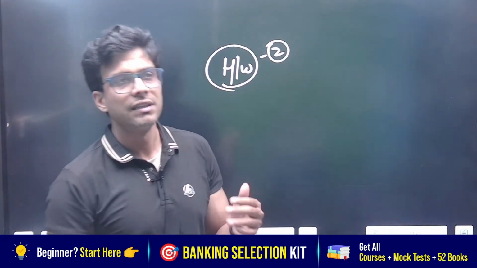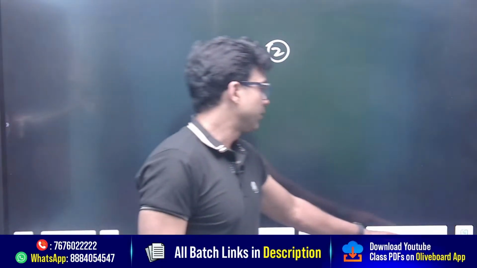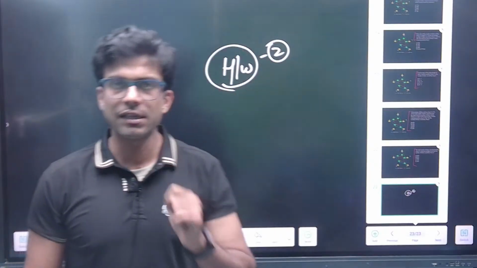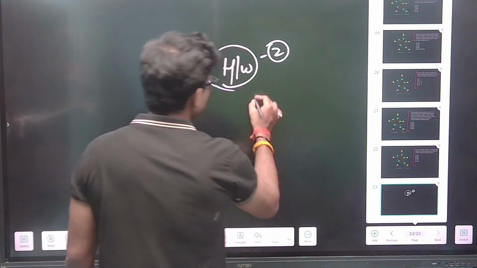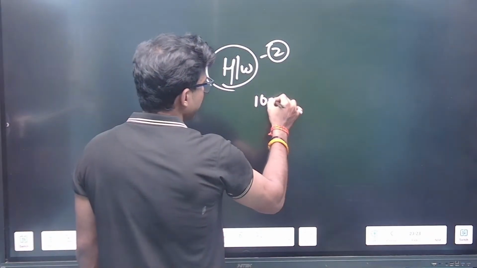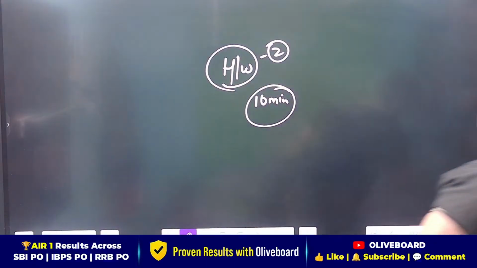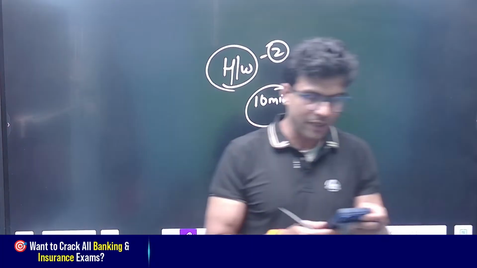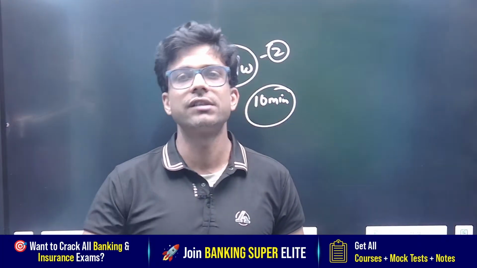Don't just do the class and keep the phone aside. We have done 2 sets in the class, and 1 set I've given you as homework. After the class, it will hardly take 10 minutes. Please solve in your copy and comment. I'll personally answer your queries. If you guys will not bother, how will I come with a positive attitude?